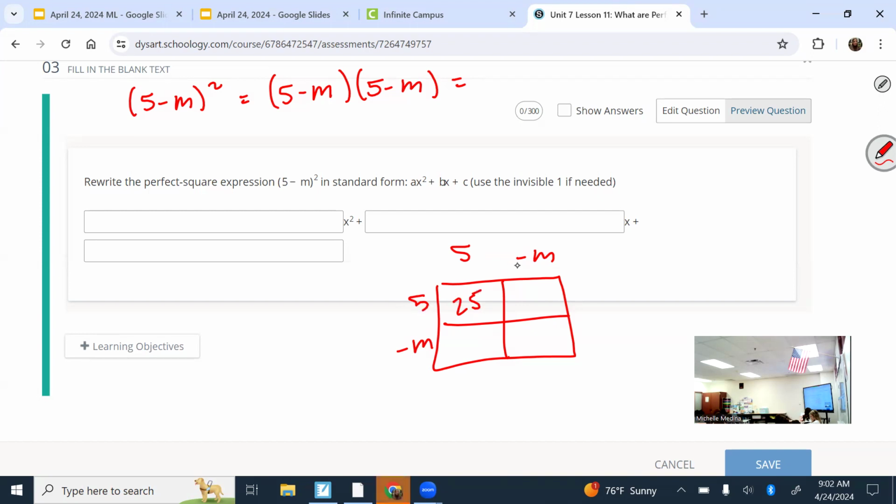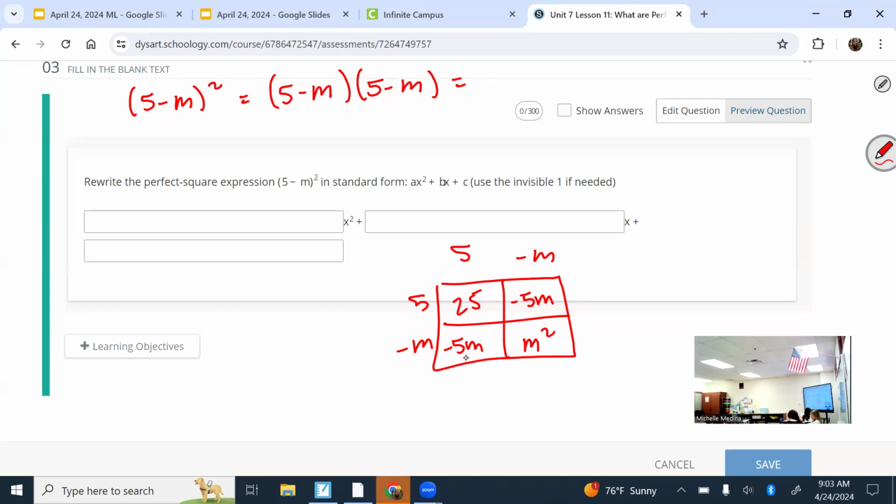What's 5 times negative m? Close, negative 5m. 5 times negative m is negative 5m, and negative m times negative m is m squared, a positive m squared.